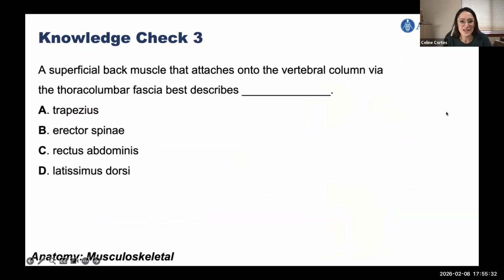Okay, so on to knowledge check 3. Okay, I'm seeing a mixture of different things going on here.